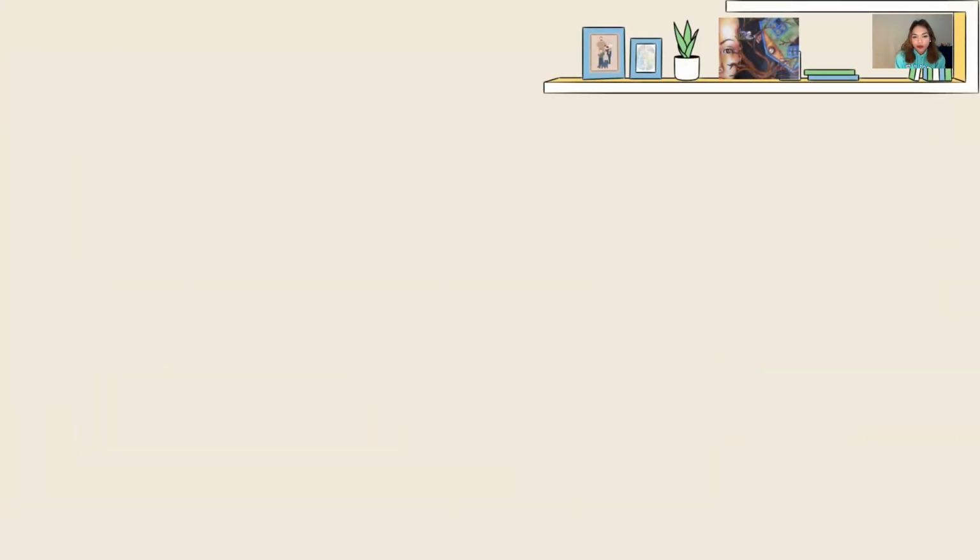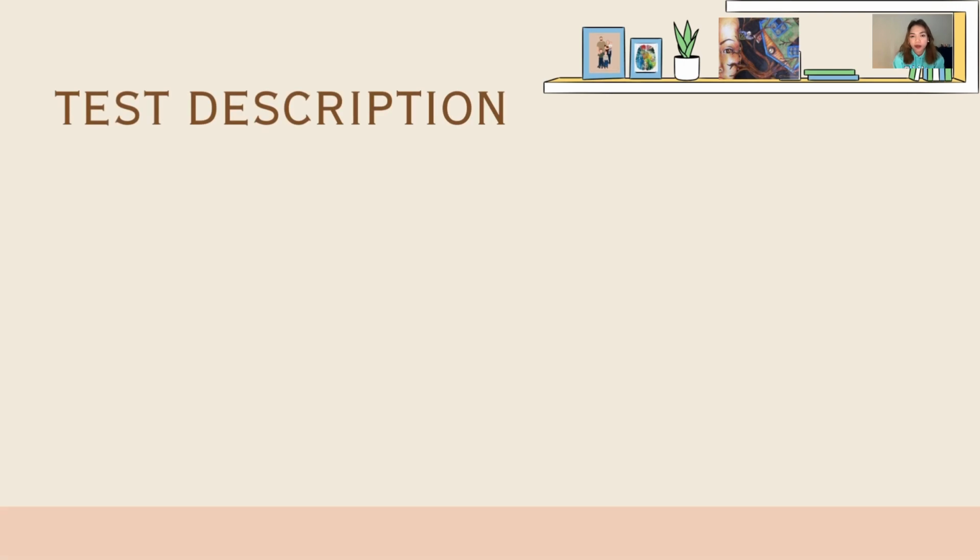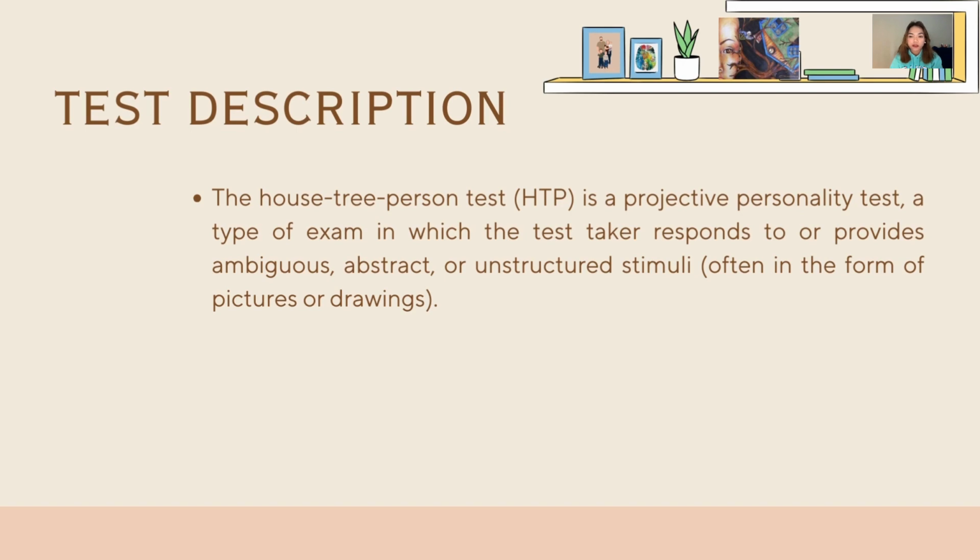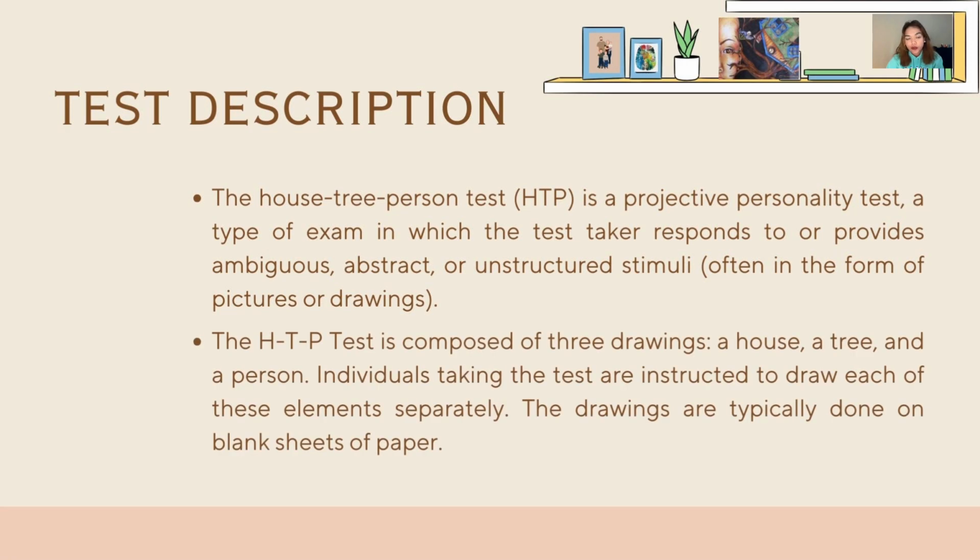So the test description: what is the HTP or the House Tree Person? The House Tree Person test is a projective personality test, a type of exam in which the test taker responds to or provides ambiguous, abstract, or unstructured stimuli, often in the form of pictures or drawings. The HTP test is composed of three drawings: a house, a tree, and a person.